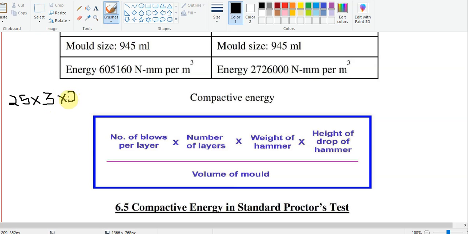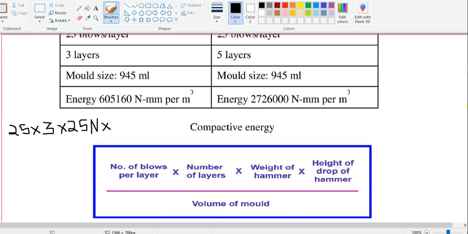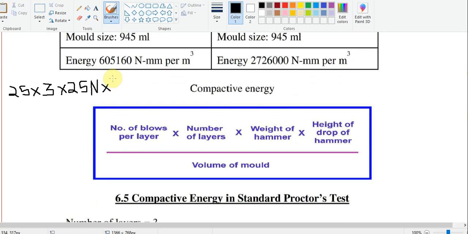So weight is 25 Newton, and height from which rammer is dropped is 305 mm, or it is 310 mm. And it is divided by volume of the mold.